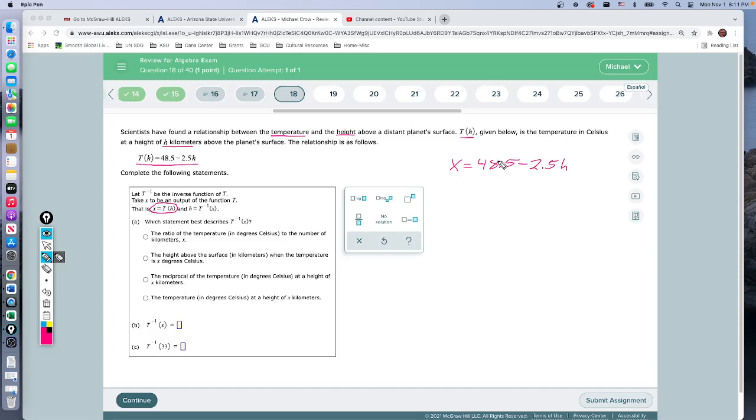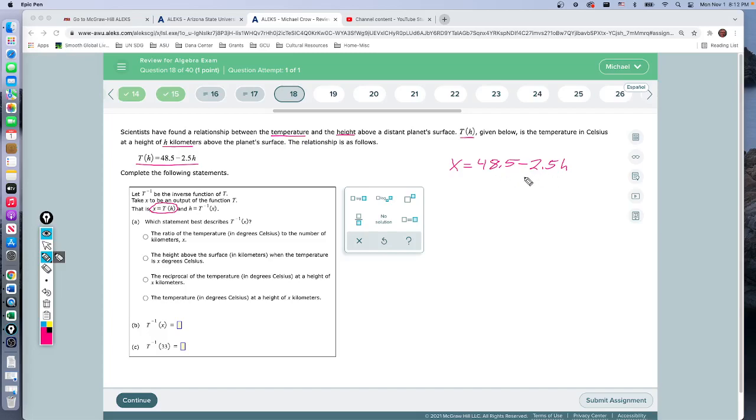What the inverse does is it changes the input and the output. It swaps them. So we're going to swap, and then solve for the missing variable. X equals T of h, and then we solve for h, and that will give us our inverse function.